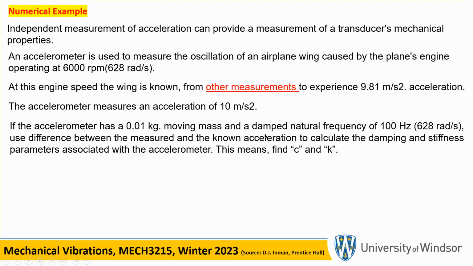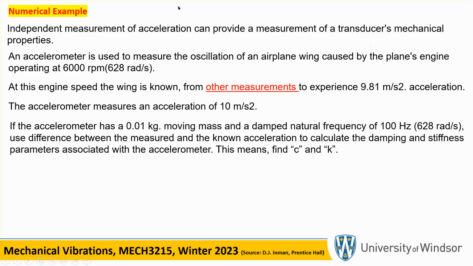Remember how you get damped natural frequencies: you can do a free vibration and logarithmic decrement. Somehow it is done, and it's found that the damped natural frequency of the thing we're interested in is 100 hertz. Use the difference between 9.81 and 10 to calculate the damping and stiffness parameters associated with this thing that we are investigating.